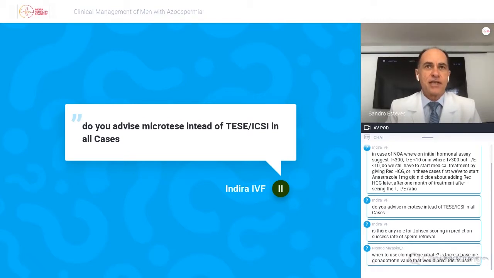So let's say you have a patient in front of you coming from a different center with a histopathology report showing hypospermatogenesis. Well, this patient most likely will have sperm using testicular sperm extraction.